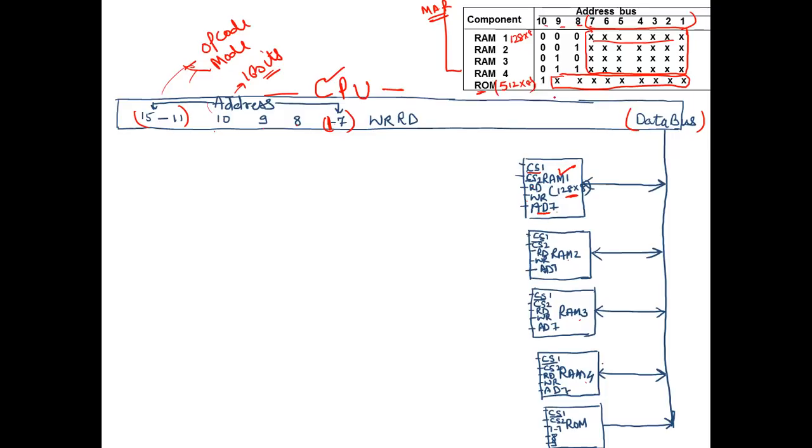AD7 depicts the address lines from the first bit to the 7th bit. Because these 1 to 7 bits are common, we have simply represented them by AD7. Then RAM 2, RAM 3 and RAM 4 will have the same clock and timing signals. And then there comes the ROM chip.